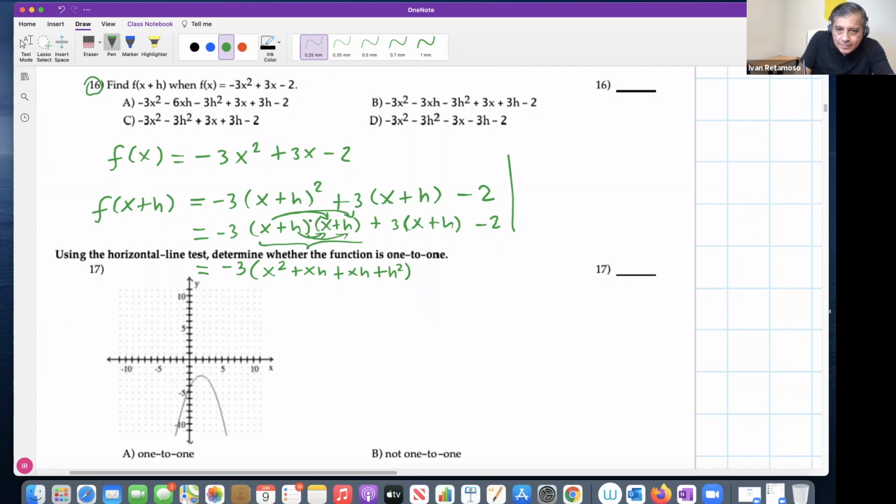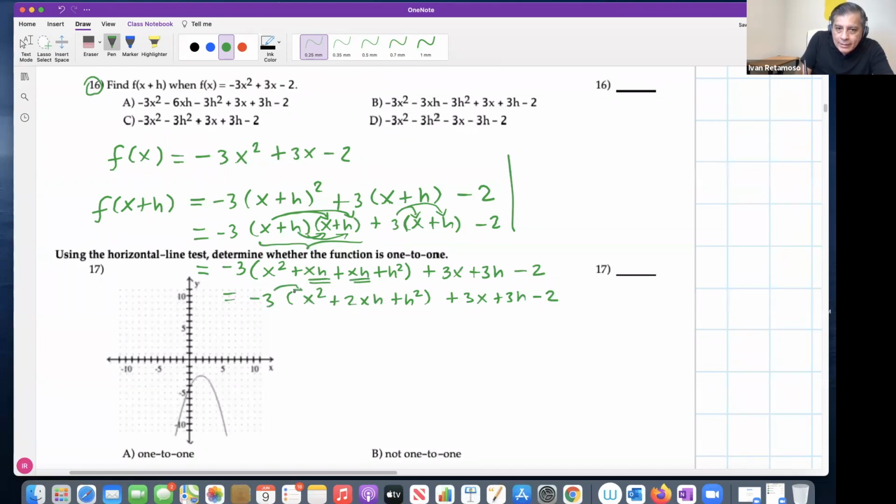Plus 3 times x after you apply the distributive property, plus 3 times h, -2 there. Let's simplify this guy. -3 times x squared. Notice these two guys in the middle are like terms. 1xh plus 1xh is equal to twice xh plus h squared plus 3x plus 3h minus 2.